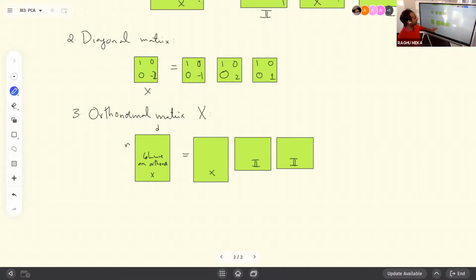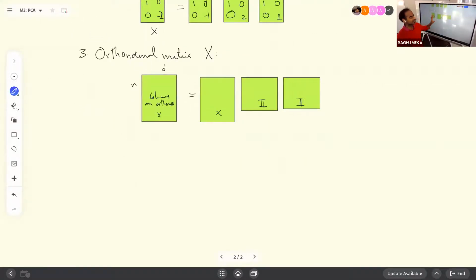Okay? These are examples just to give you some sense of what they are doing. And if you know eigenvalue decomposition, let me say that the main difference between eigenvalue decomposition and singular value decomposition is that when you do eigenvalue decomposition, the entries in the middle diagonal matrix need not be non-negative.